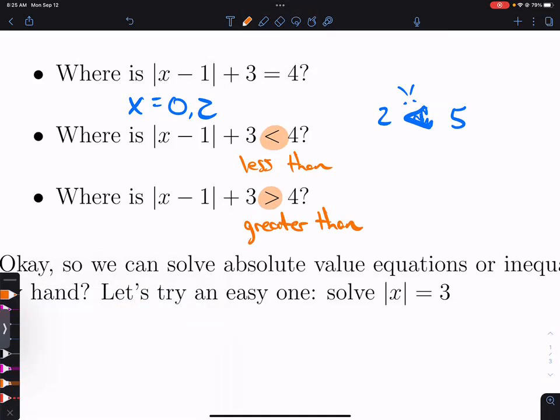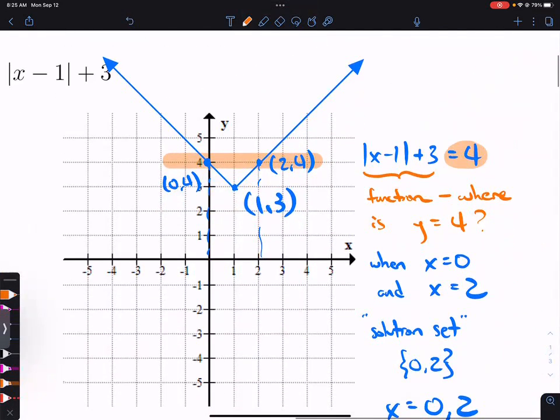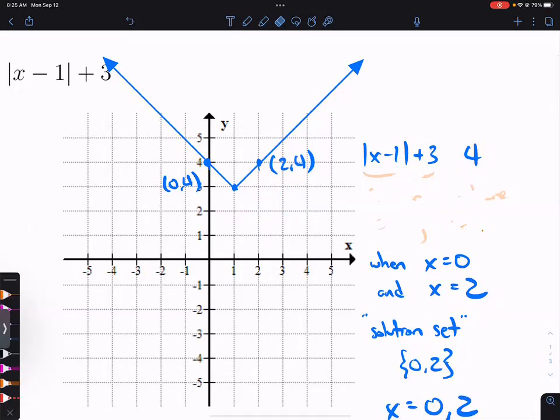Well, how could we find that from the graph? We figured out where they're the same. So how could we figure out where one is bigger than the other one?